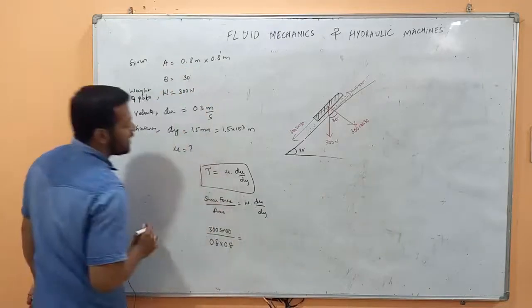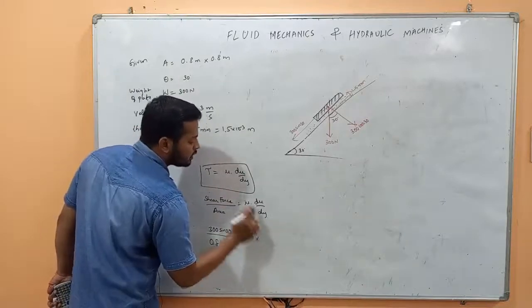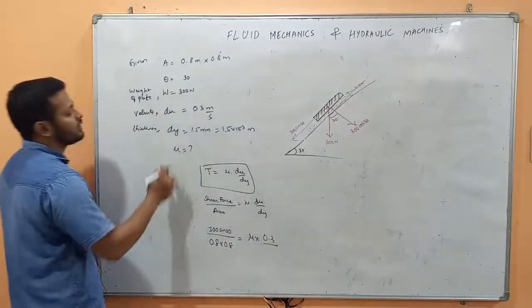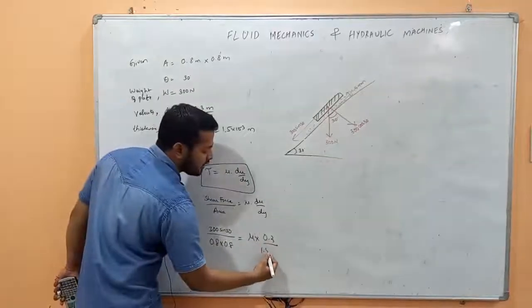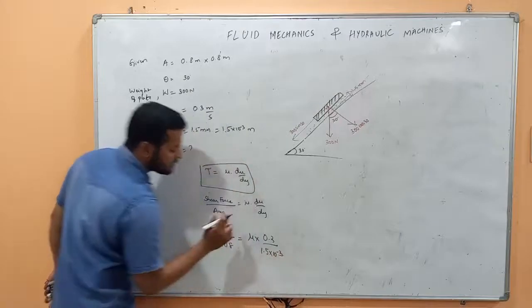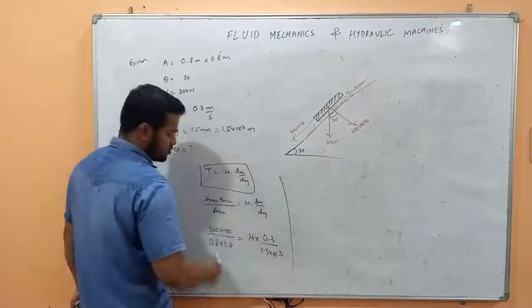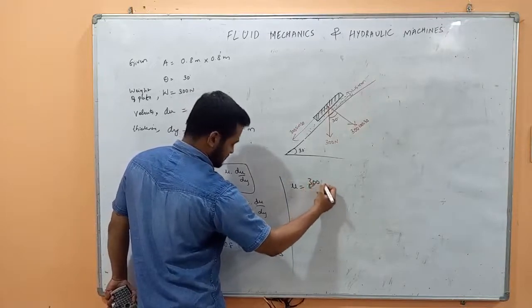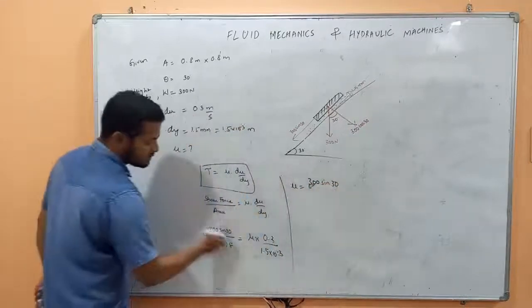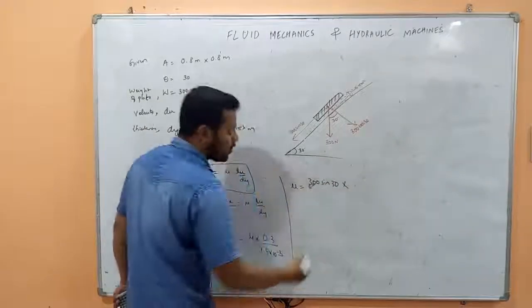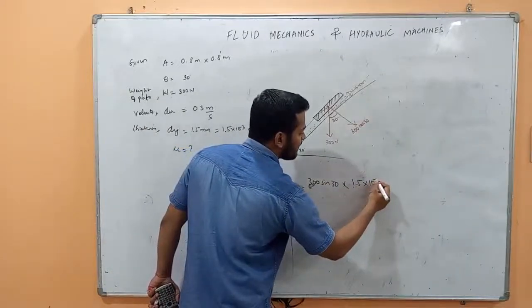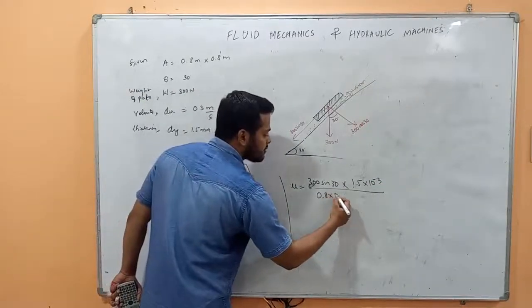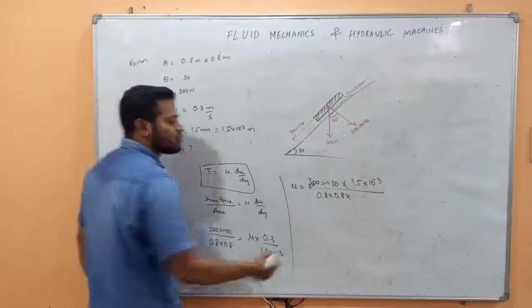is equals to mu into du, du is 0.3, by dy, dy is 1.5 into 10 power minus 3. So from this we can calculate the value of mu. So mu will be 300 sin 30, just cross multiply, into 1.5 into 10 power minus 3 divided by 0.8 into 0.8 into 0.3.